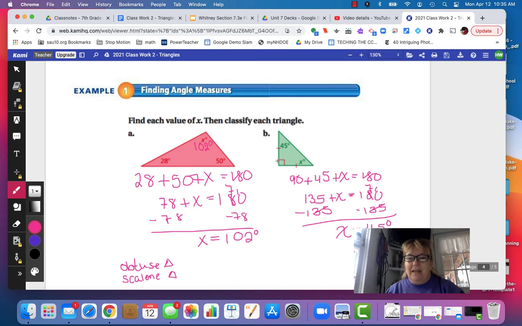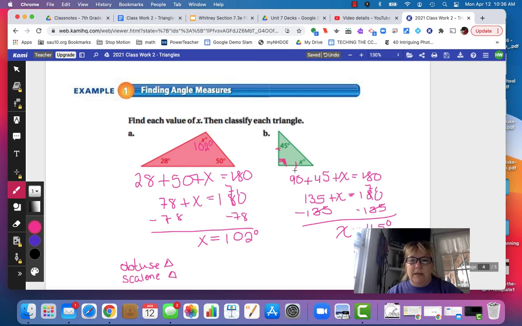This is a 90, by the way. It has a little box here, which means that's a 90 degree angle. It didn't tell us it was 90 degrees, but we knew from that little box. So this is a 90, 45, 45 degree triangle. One of the things these little lines of congruency say is that if these two sides are congruent, or measure the same, the angles opposite them also have to have the same measurement. So I didn't even really have to go through all this math.